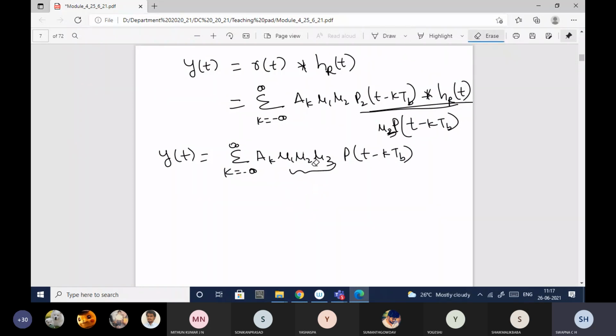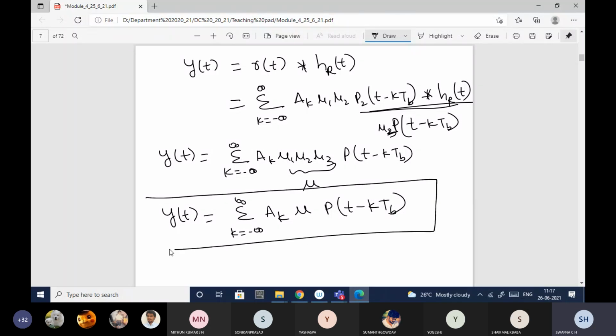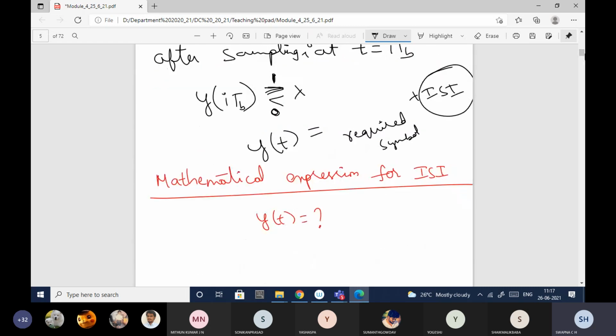So y of t will be nothing but summation k equals minus infinity to plus infinity a_k mu p of t minus kT_b. This is the output equation I've got, the output of your receiving filter.